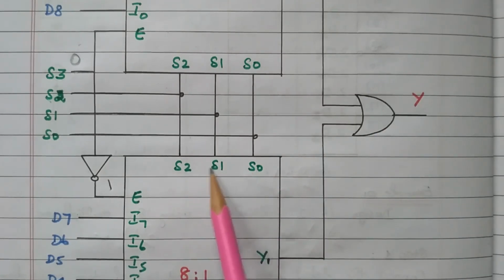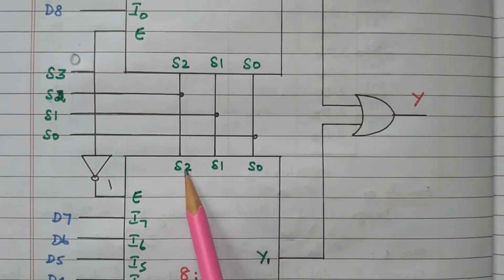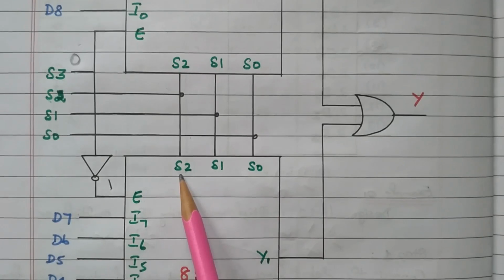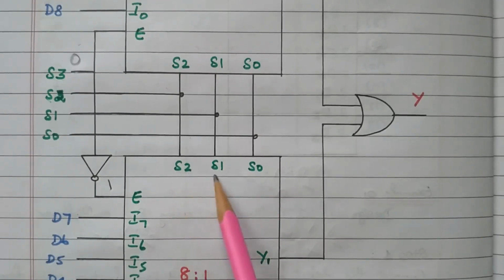Suppose 0, 0, 0 means D0 will be transferred. 0, 0, 1 means D1 will be transferred, according to the binary number. Three selection lines are available, so there will be 8 combinations: 0 0 0, 0 0 1, 0 1 0, 0 1 1, like that.